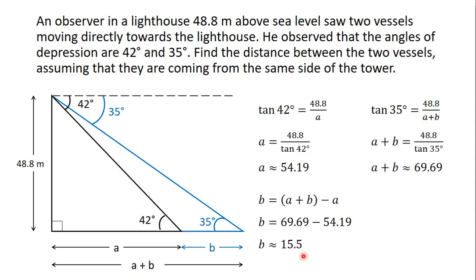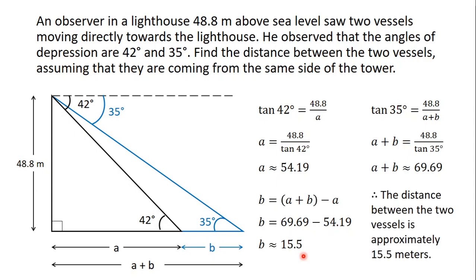And that's it. Now we're going to have our conclusion. So the distance between the two vessels is approximately 15.5 meters. Okay. Yan lang yung magiging example natin for this day. I hope naintindihan nyo and natuto kayo.